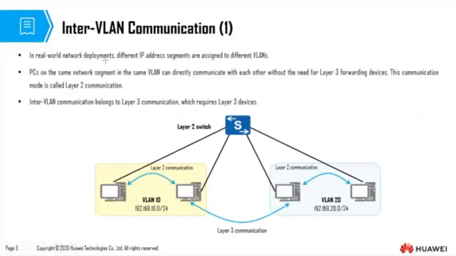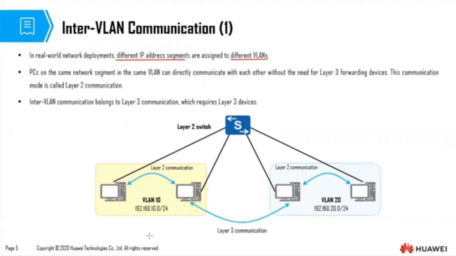In real world deployment, different IP address segments are assigned to different VLANs. Please never forget this. When you're doing subnetting to create different IP segments of your network, remember that each of those segments is going to be placed on a different VLAN. In the real world, that is what we do.